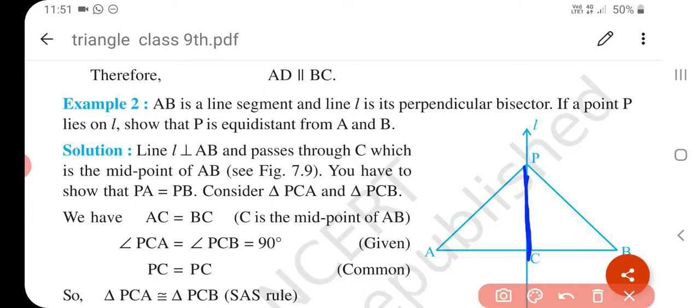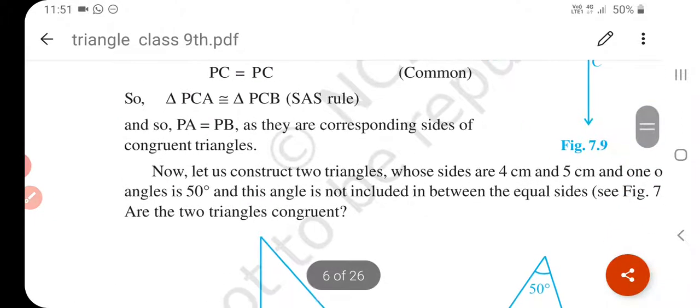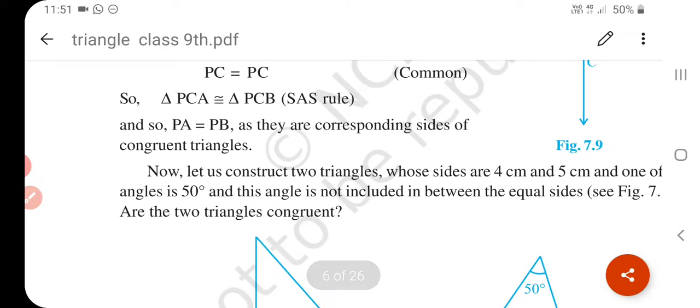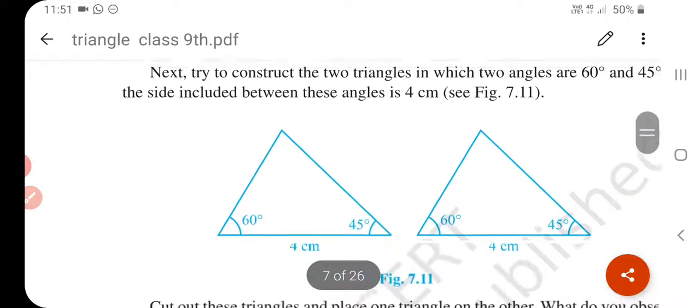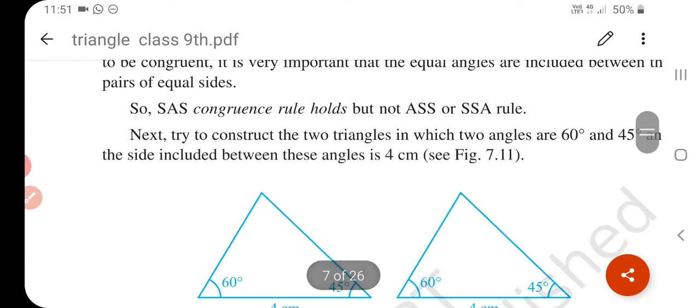So we have this side AC, this angle and this side. Side, angle, side, so by the SAS congruence rule both triangles are congruent to each other. If both triangles are congruent, then by CPCT corresponding sides of congruent triangles are equal.